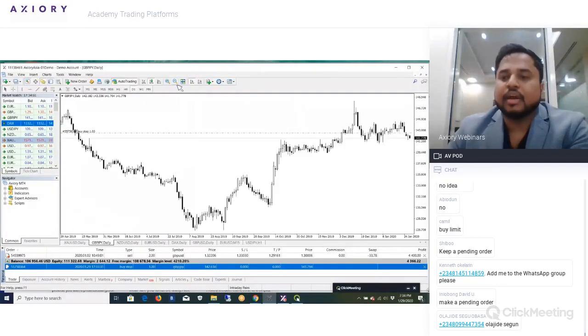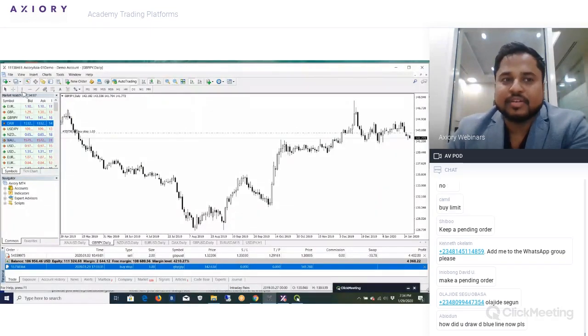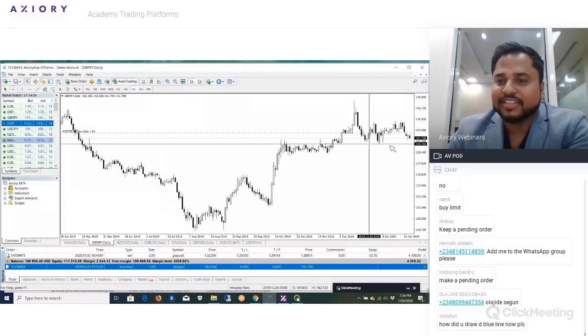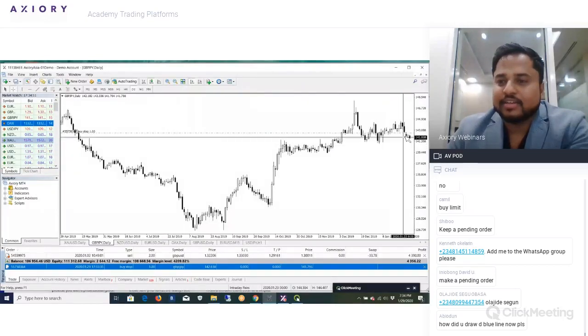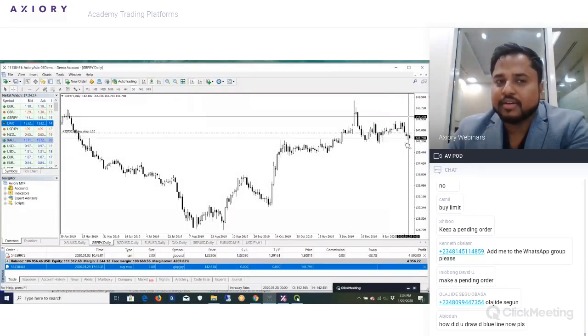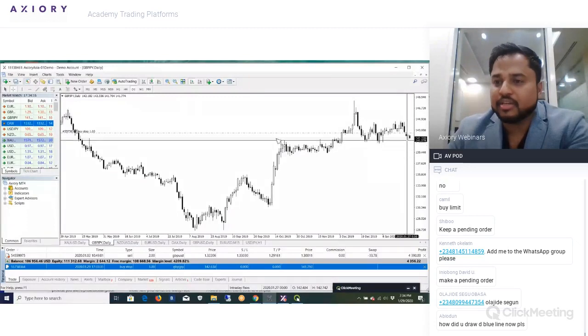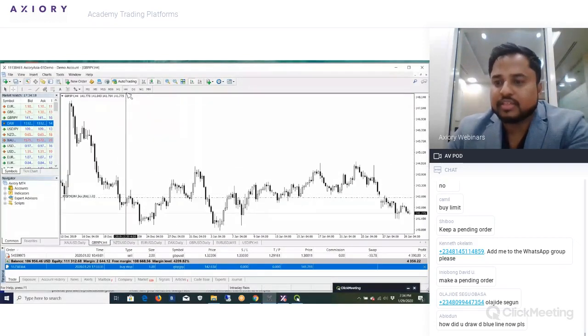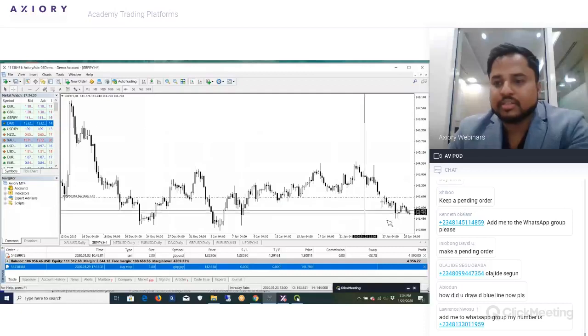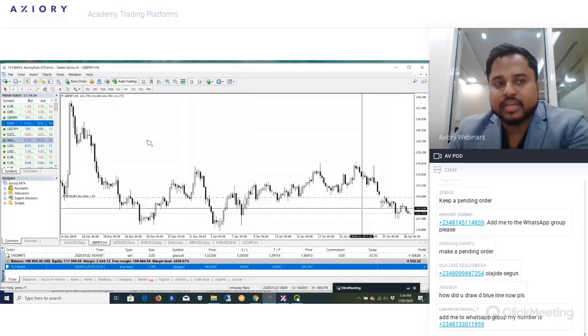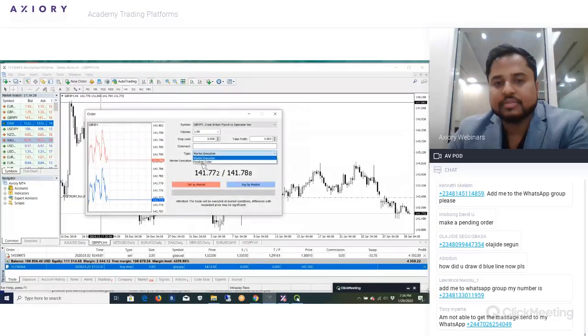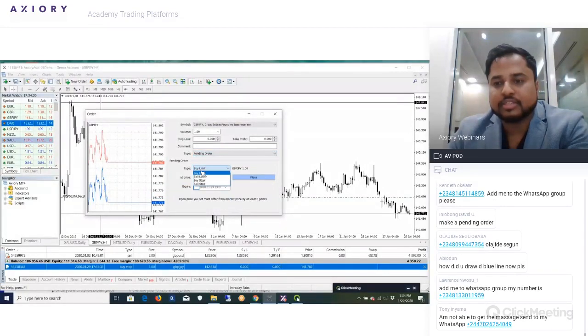And do you know the main importance of trading? How do we make money in trading? We buy when the price is going up and we sell when the price is going down. So if you think that the price is going to go down, what can you do? You can again keep a pending order, sell stop.